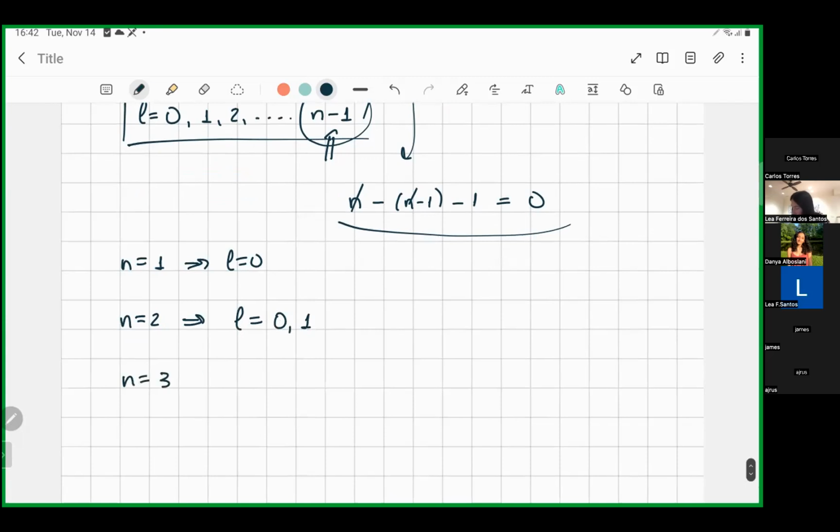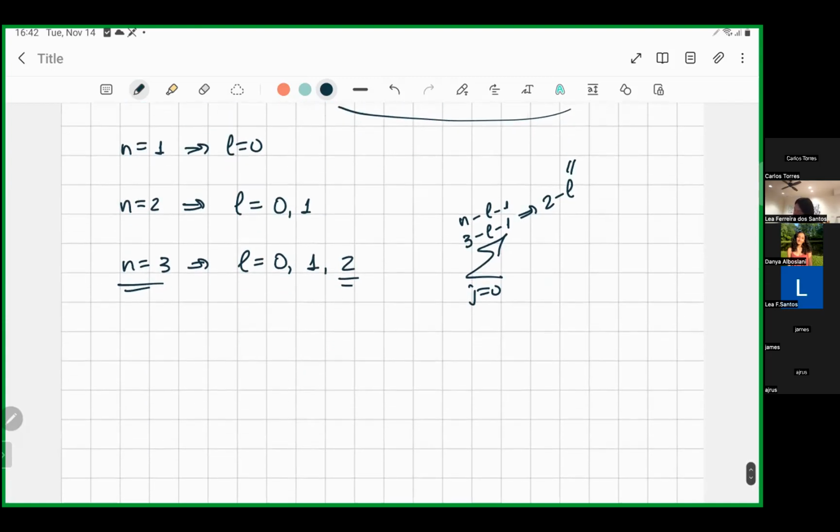If N is 3, then L can be 0, 1, 2, and that's it. Because if we go back to this sum, if N is 3, then N minus L minus 1 means 2 minus L. So the maximum value that L can have is 2.